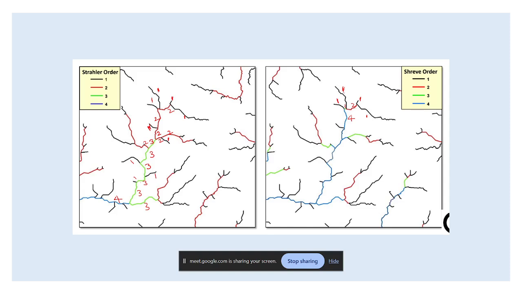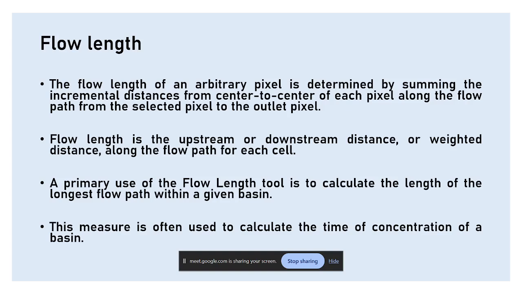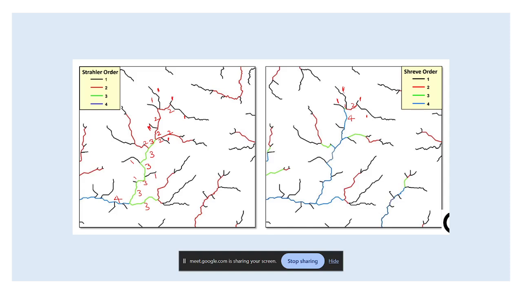So that is going to be 4. And then wherever that network is joining, there you are doing the stream ordering. I hope that is clear. It's a very simple example, but just keep in mind the difference in how we are determining the stream order in case of the Strahler method and in case of the Shreve method.